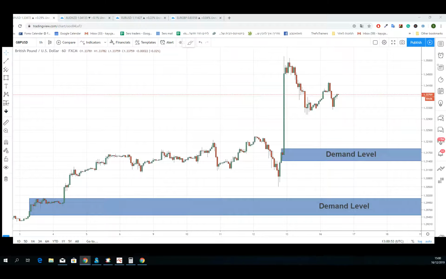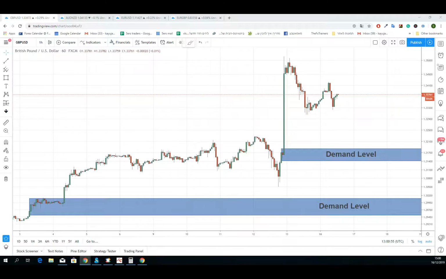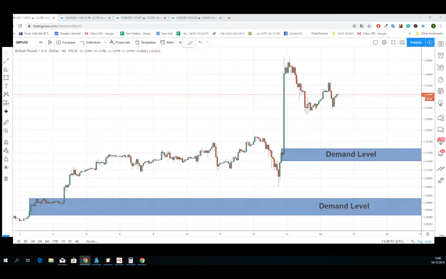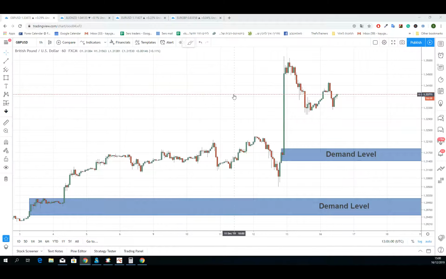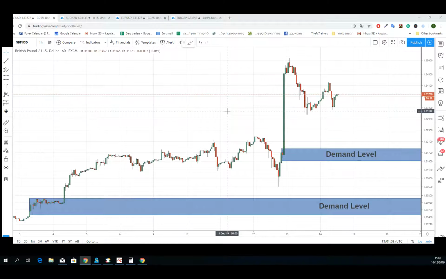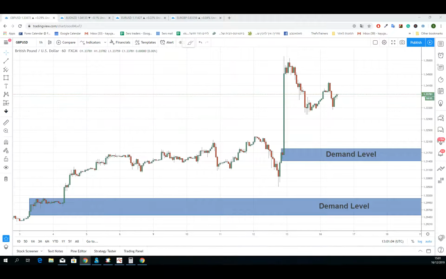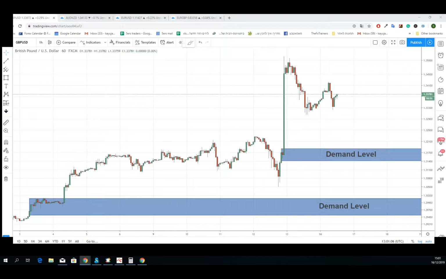I just want to check before I start that each one of you can see my screen that I'm sharing. It's the chart of the GBPUSD for now. So just give me a sign that you can see my screen and you can hear me well, and we are going to start. I'll wait a bit for a comment.